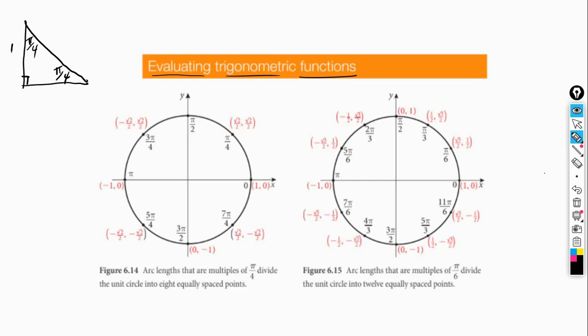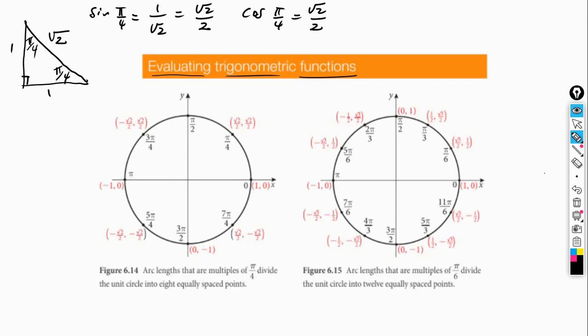We know that this side is 1, this side is 1, and this one is square root of 2. So from here we know that sine of pi fourths is equal to 1 over square root of 2, which is the same as square root of 2 over 2. And then we know that cosine of pi fourths is going to be the same, square root of 2 over 2.